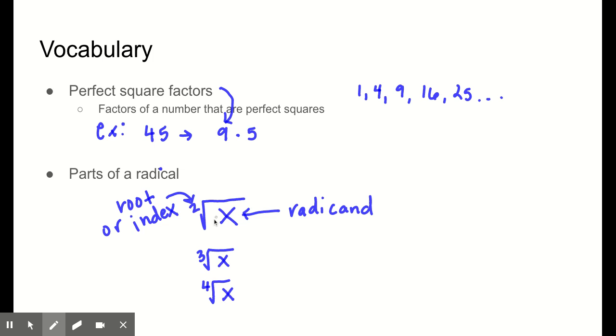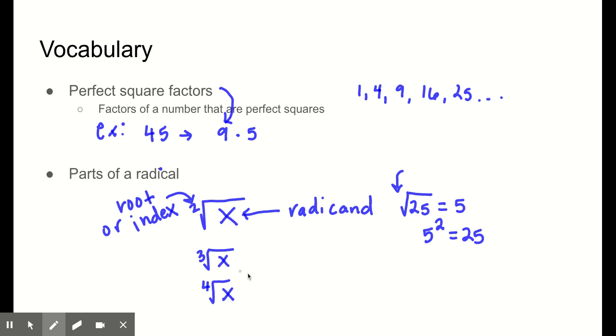So when we're looking for the square root of a number, we're looking for a number to the second power that equals that value. So for example, if we look for the square root of 25, we know that the square root of 25 is 5 because 5 to the second power is equal to 25. And so again, that invisible root implies that we're looking for that 2 value.